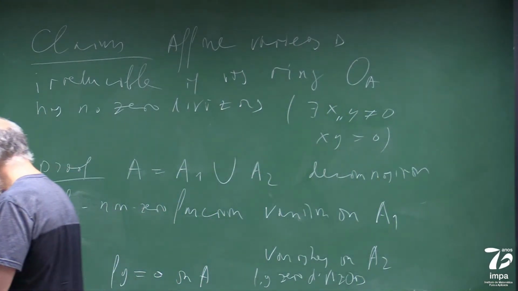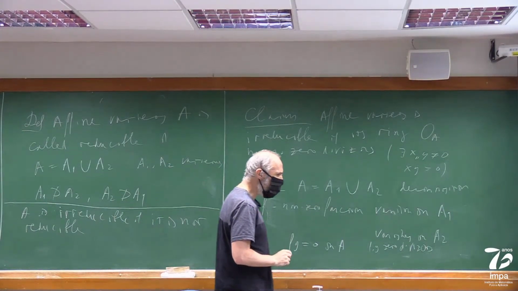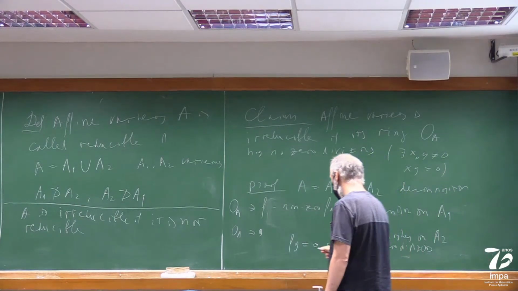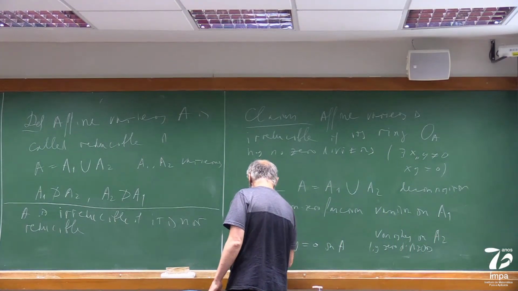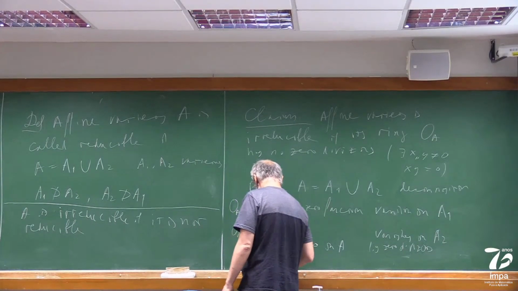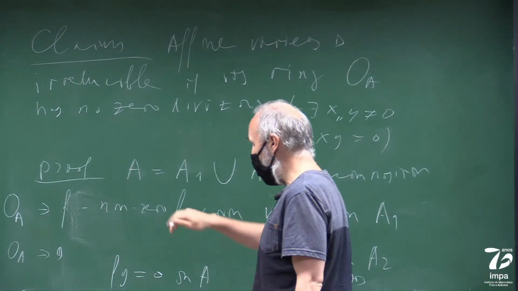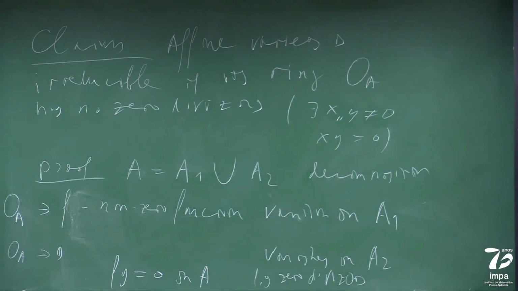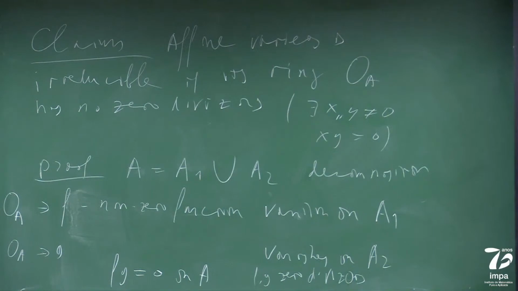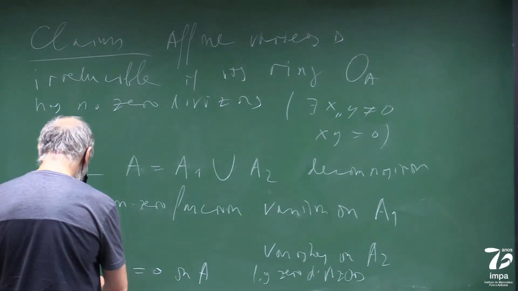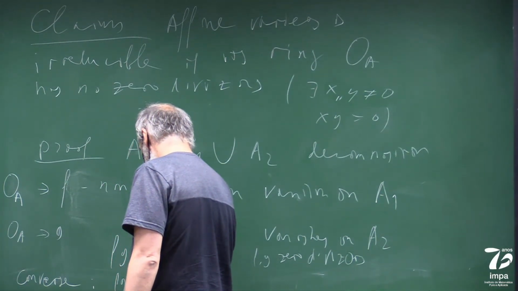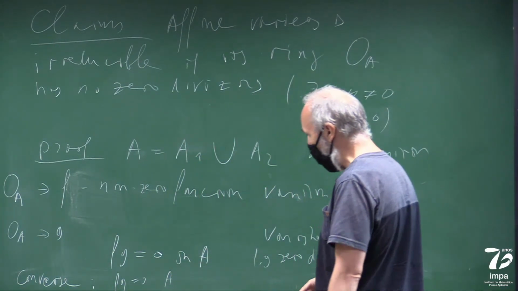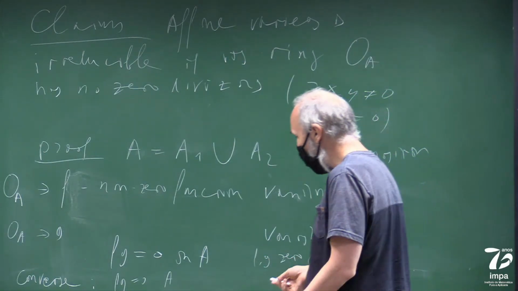Okay, conversely, suppose we have fg equals 0. As you see, I don't prove that A is irreducible if and only if there are no zero divisors; I prove that A is reducible if and only if there are zero divisors. It's equivalent. So you have fg equal to 0, with f and g non-trivial, non-zero functions.